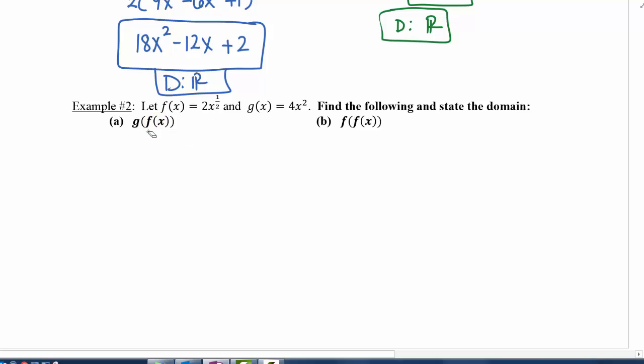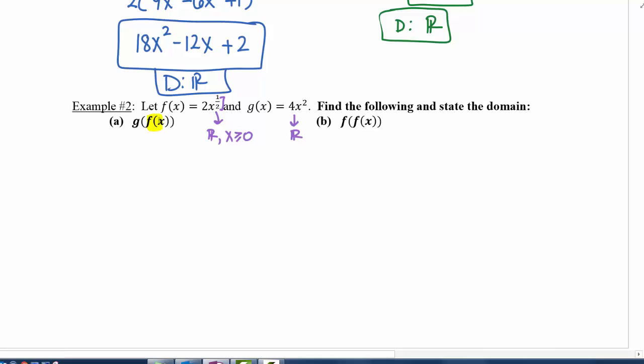Actually, I'm going to start over. The domain of f is all real numbers, except that 1 half is an even root, so I know that x has to be greater than or equal to 0. g of x is just 4x squared, so that's just all real numbers.